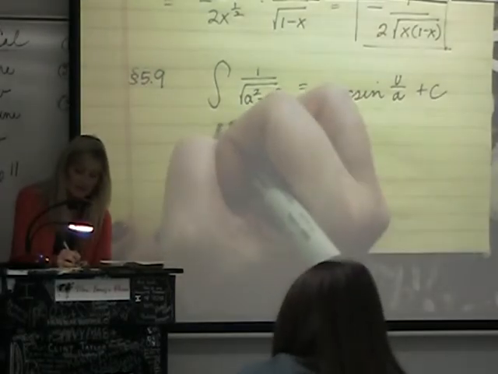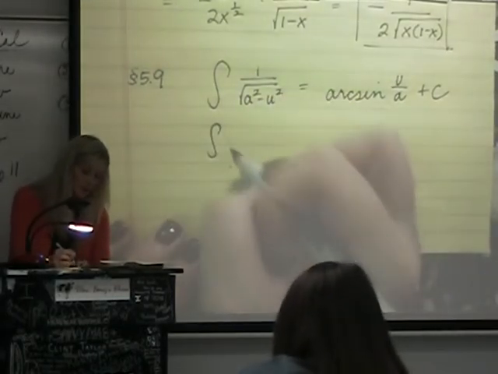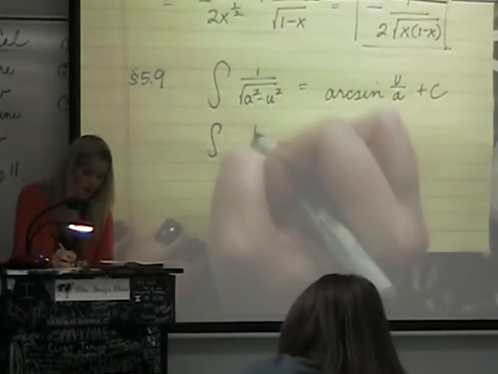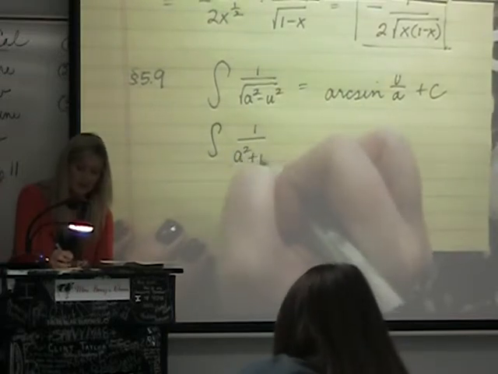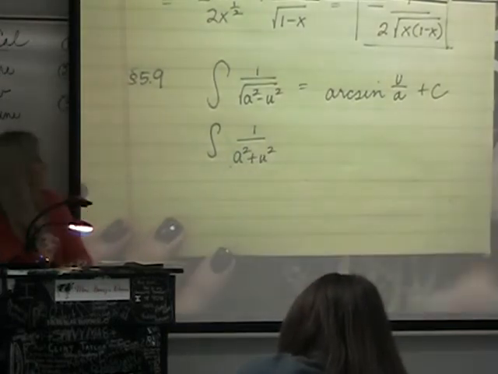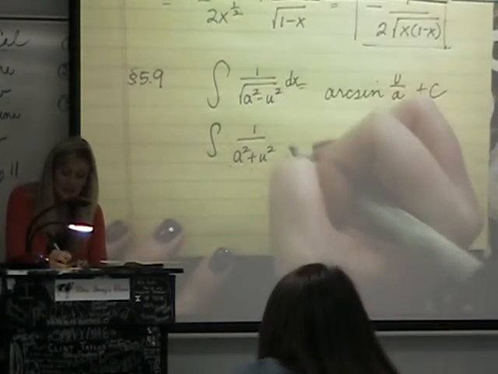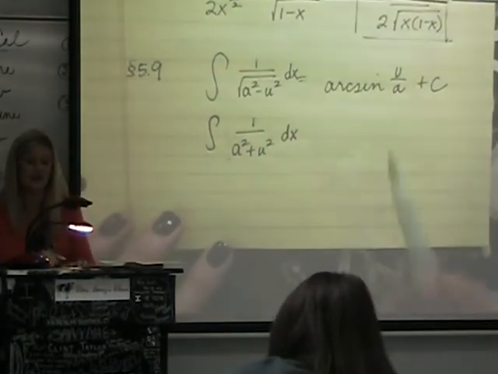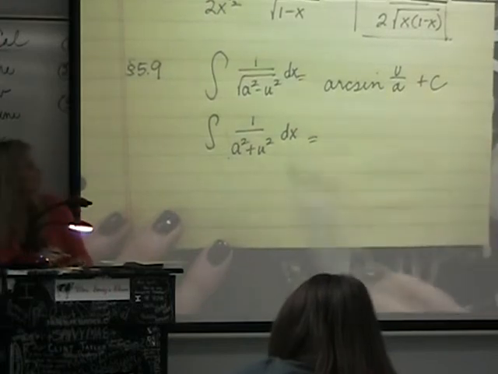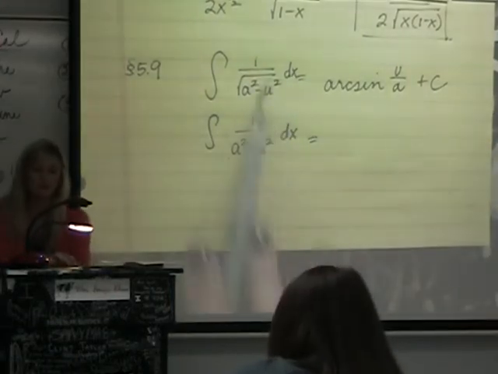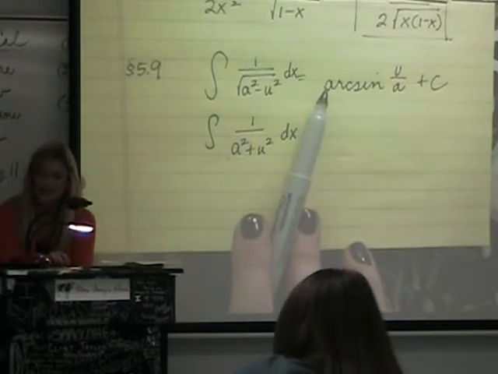We have the antiderivative of 1 over a squared plus u squared, and I should probably go ahead and add a dx on here, because u is in terms of x, just to be proper. We're integrating with respect to x.